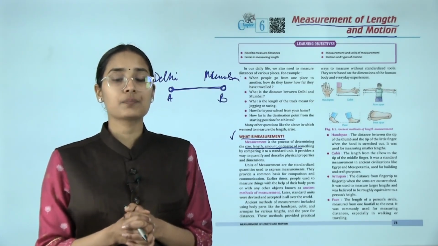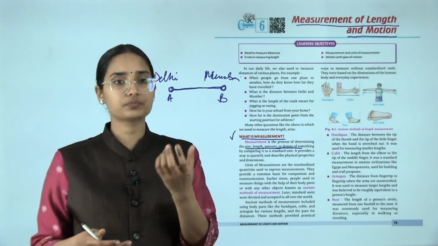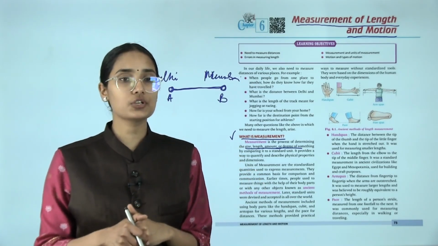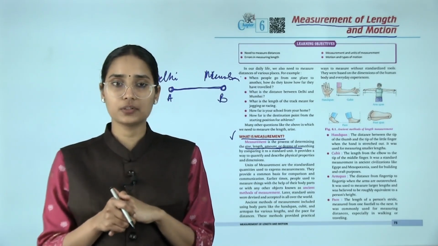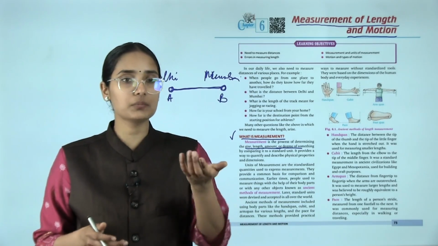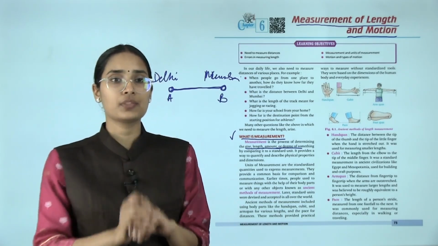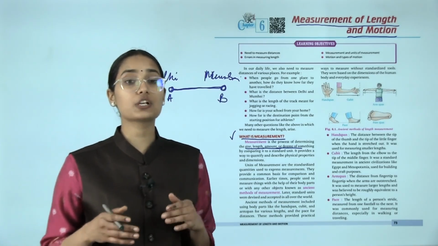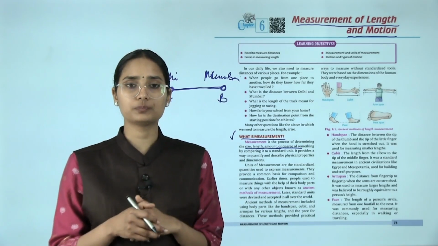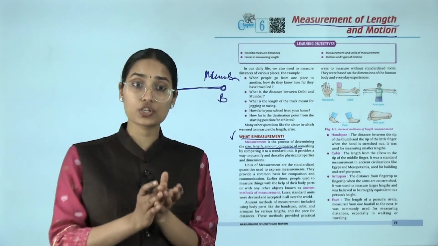Let's say you go to a shop and ask for something, for example sugar. You will say, I want this amount of sugar, so you are quantifying something, telling the quantity of something. That's measurement. Units of measurement are the standardized quantities used to express measurement, how much.